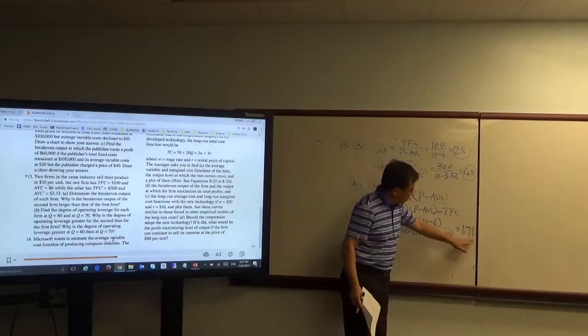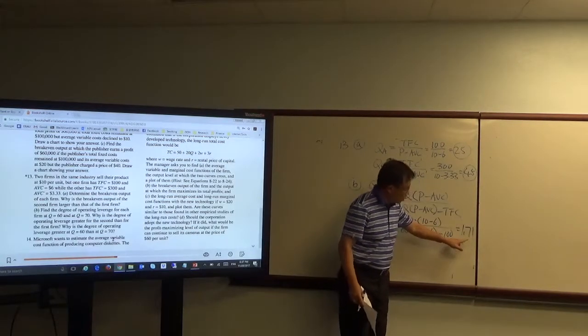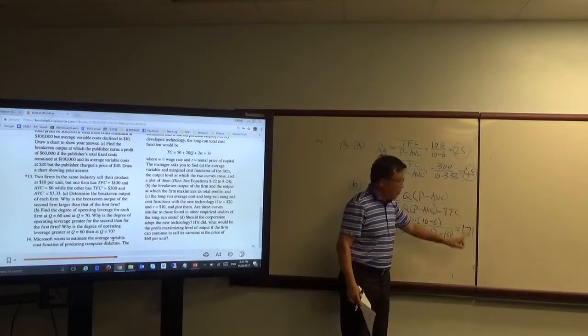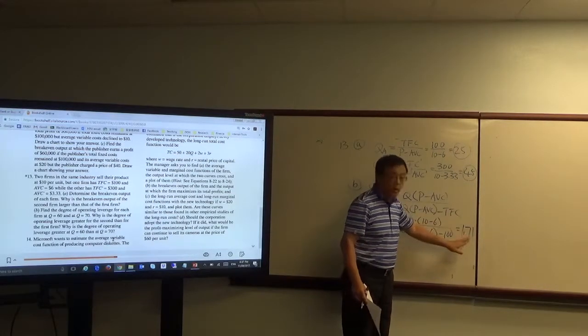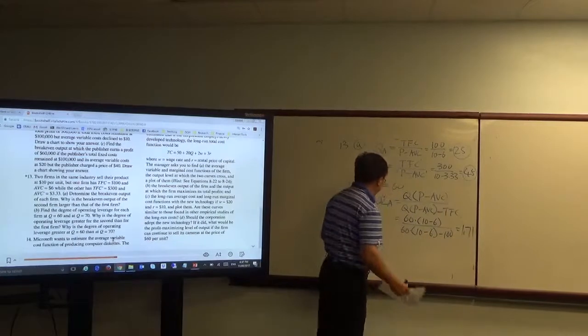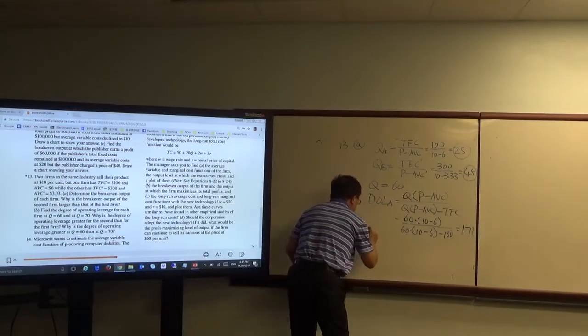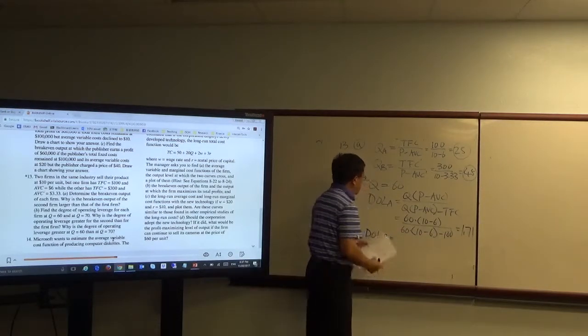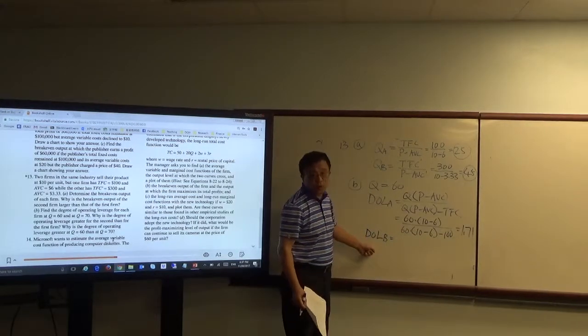Now, 1.71 means what? If you increase the output by 1%, the profit will change by 1.71%. That's the degree of operating leverage. And for the second company, we should expect the degree of operating leverage to be much larger.